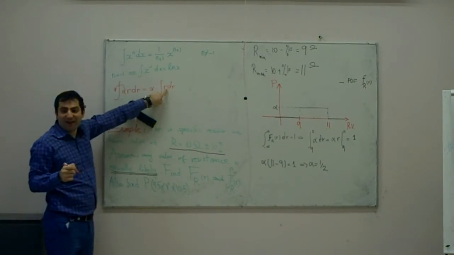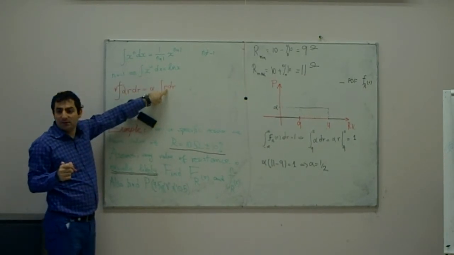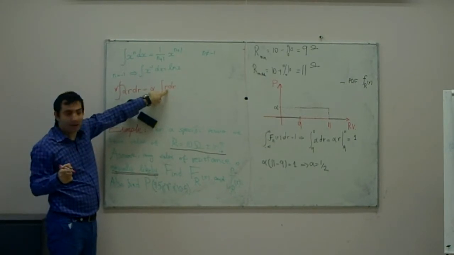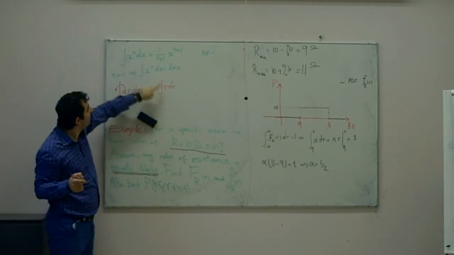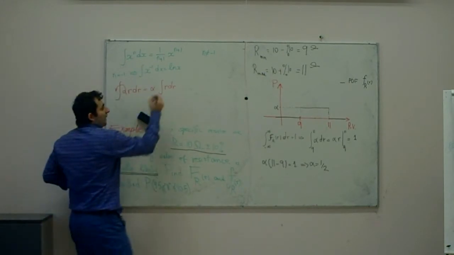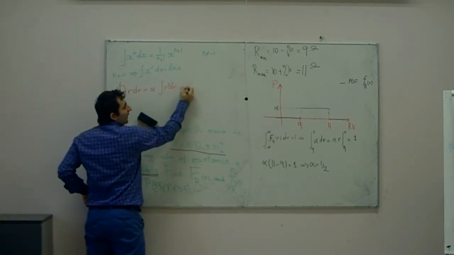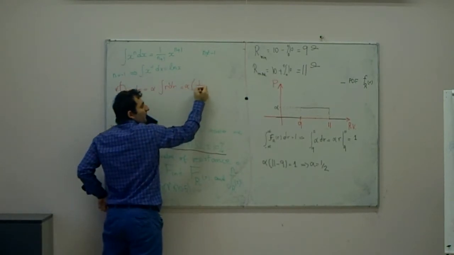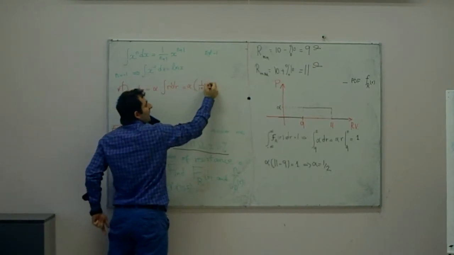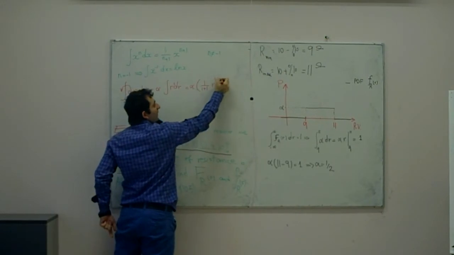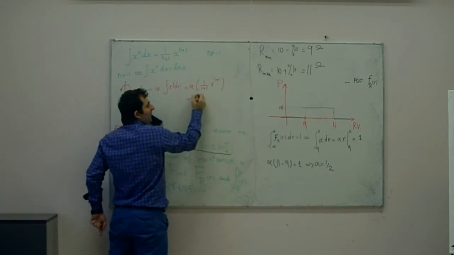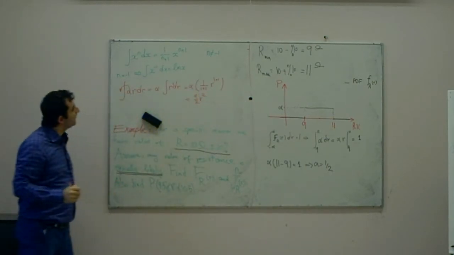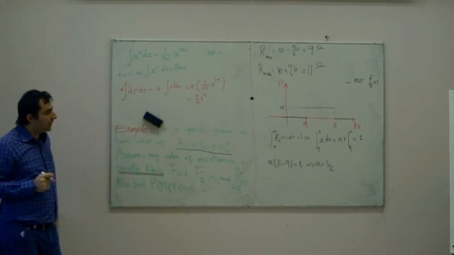What is the value of n here? Nasir, what is the value of n here? 1. So if n is 1, I write alpha multiplied by 1 divided by 1 plus 1, r to the power 1 plus 1. So it will be alpha over 2, r to the power 2. Right?